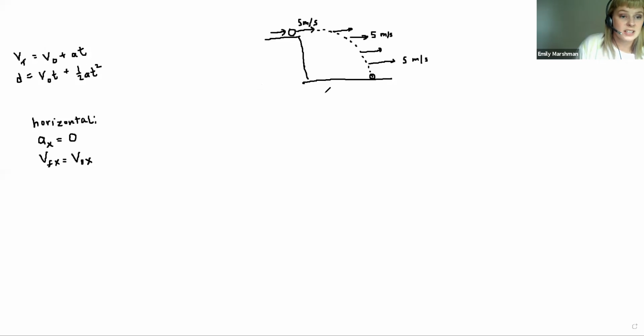And if I wanted to think about how far this object traveled horizontally, the distance traveled in the x direction, which would be this length right here, it has no acceleration, so this right term is gone. So it's just going to be v initial in the x, which doesn't change throughout the entire trip, times time.